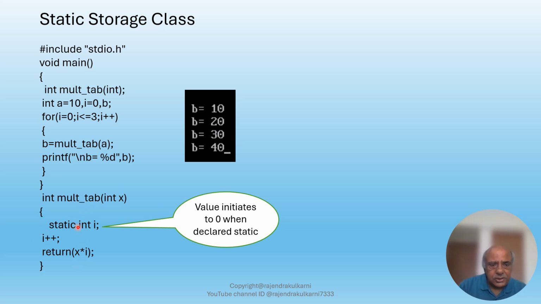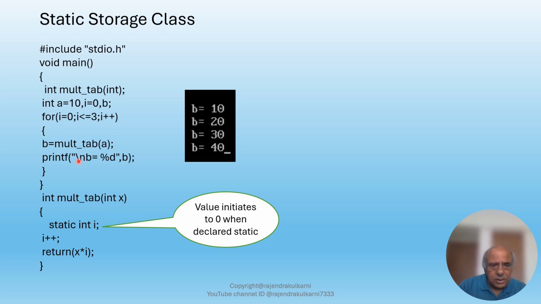In the first iteration i is 0, but it is incremented by 1, so x into i yields 10, which is returned to the calling function where it is assigned to b, and the value of the variable b is displayed on the monitor.